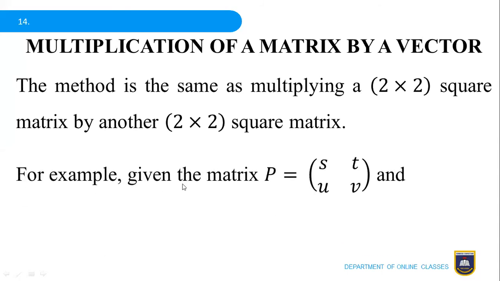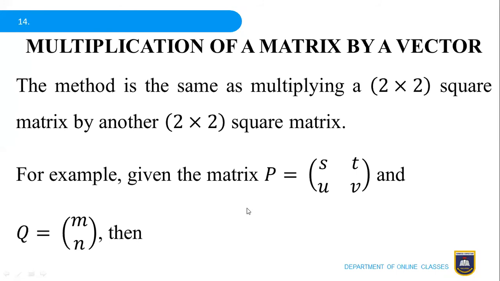For example, given the matrix P equal to S, T, U, V and Q equal to the vector M, N. So you will see that the first matrix is a square matrix and the matrix Q is also a column matrix. This is the same as a 2 by 1 matrix.